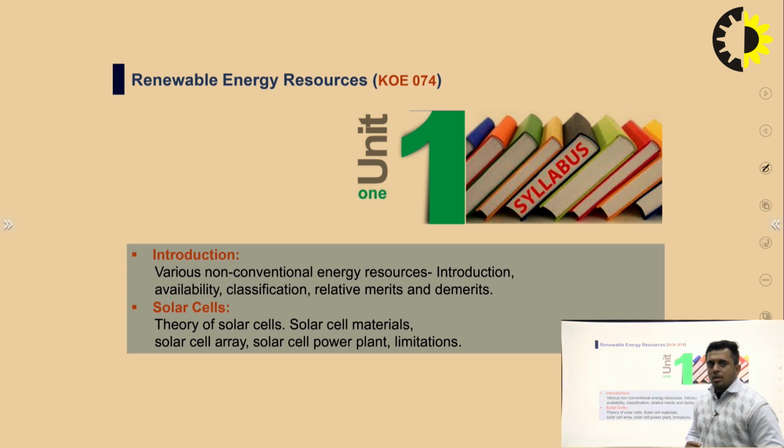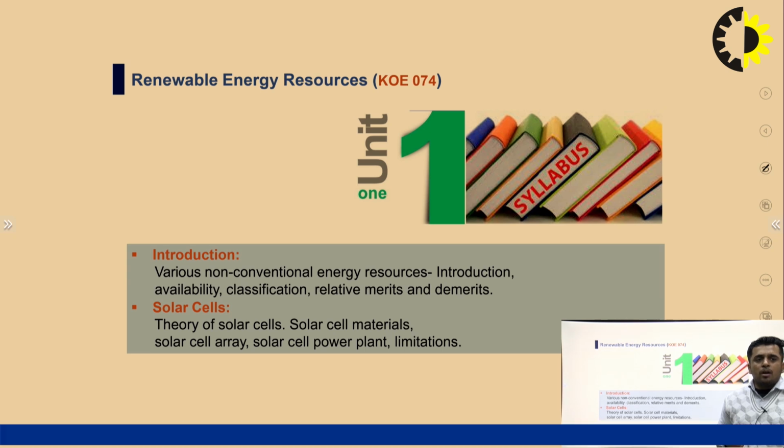In the introduction we have various conventional and non-conventional energy resources, availability, classification, relative merits, demerits. The second part is the solar cell, in which we have theory of solar cell material, solar cell array, solar cell power plant, limitations, etc.